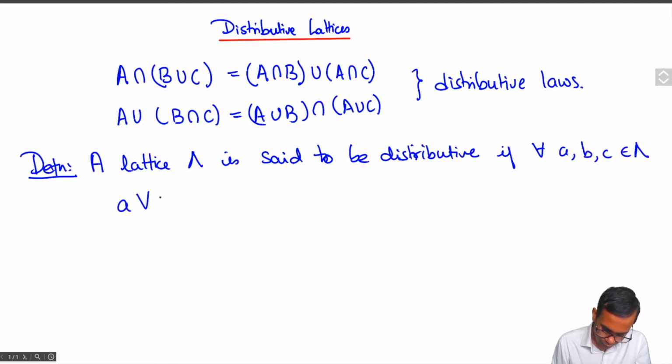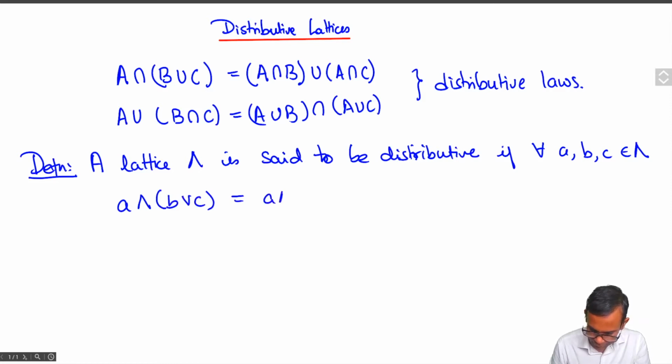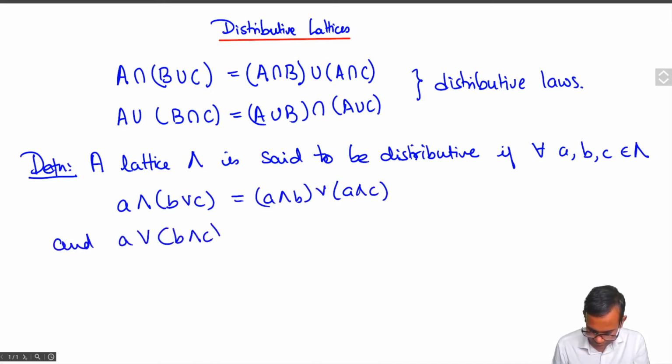So A meet (B join C) is equal to (A meet B) join (A meet C), and A join (B meet C) is (A join B) meet (A join C).